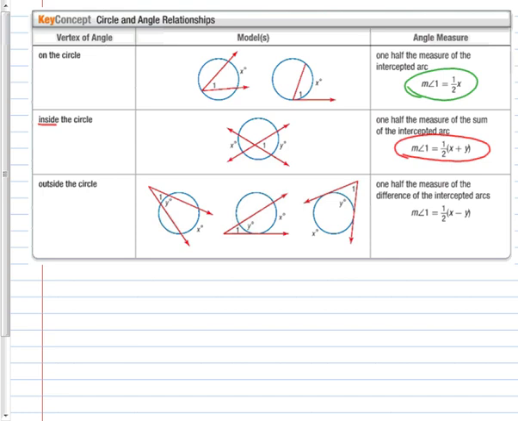And if I intersect outside the circle, then those angles, all the same relationship, they are 1/2 the difference. So there's the summary of all, except the central angle, which we know equals the arc. Those are the summary of all those angles we have had so far.